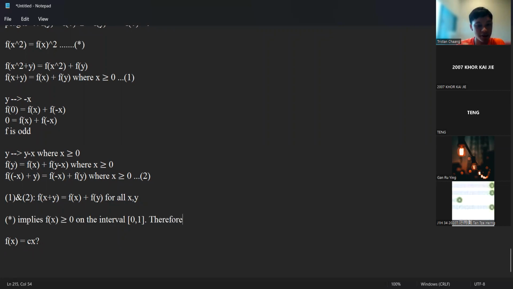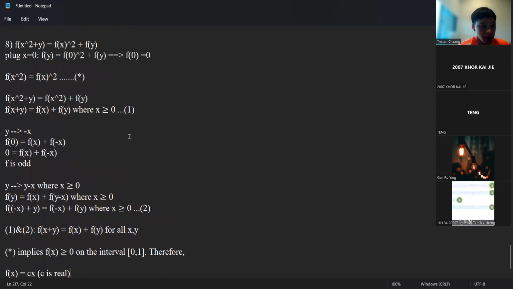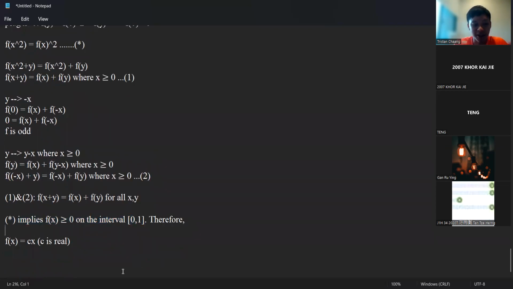Therefore, f(x) equals cx for all x. So here is where you can use what we've learned just now. If it's bounded on some non-trivial interval, then you can generalize to the real numbers.